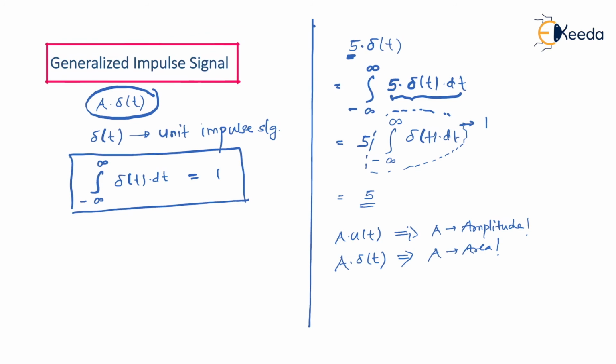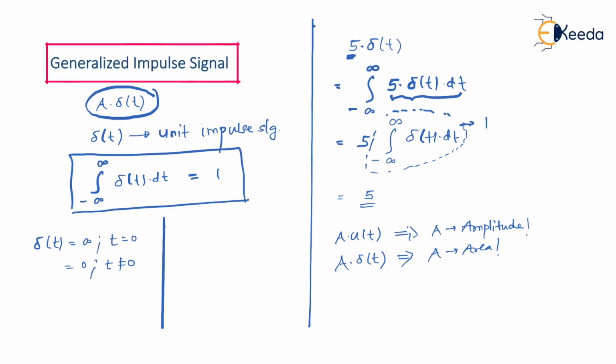So now to give you clarity, I can take the same example, which is 5 times del of t. So now I'm going to define del of t magnitude wise, or amplitude wise. If you remember, we have already written that the unit impulse signal del of t is always equal to infinity at t equal to 0, and it is equal to 0 when t is not equal to 0.